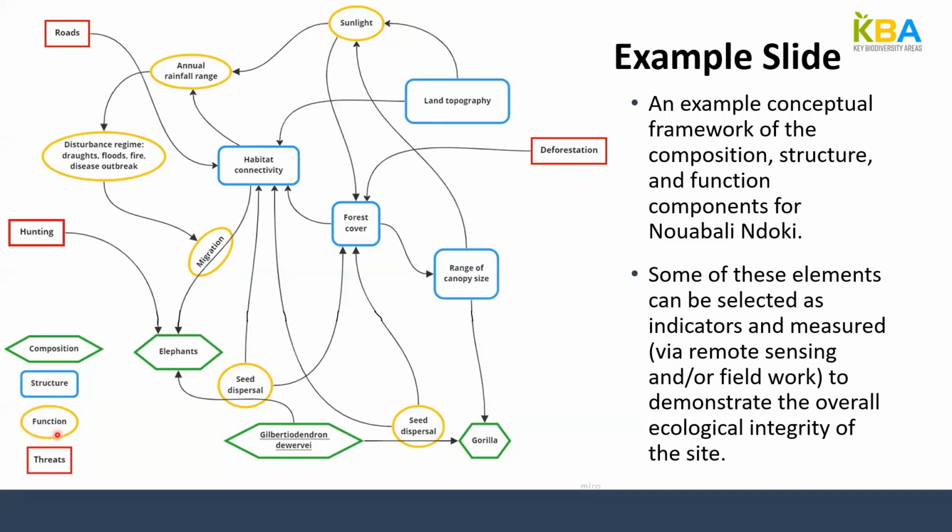The yellow ovals show attributes and indicators related to function, and the red straight-edged boxes show the existing threats in the ecoregion, or the pressures. Some of these elements can be selected as indicators and measured to demonstrate the overall ecological integrity of the site.